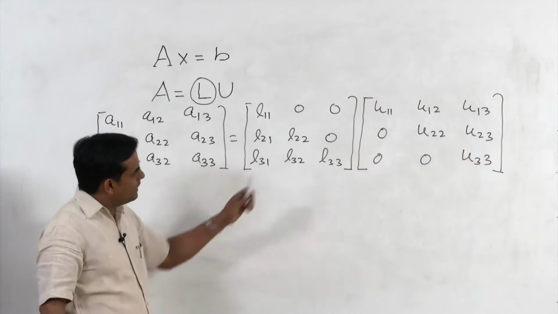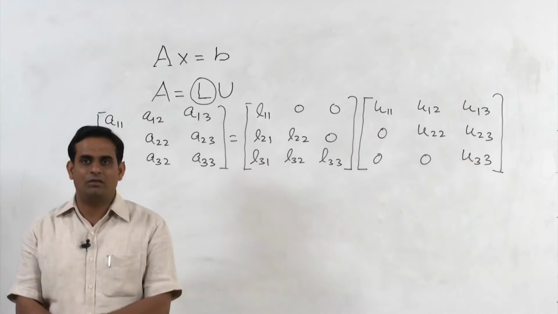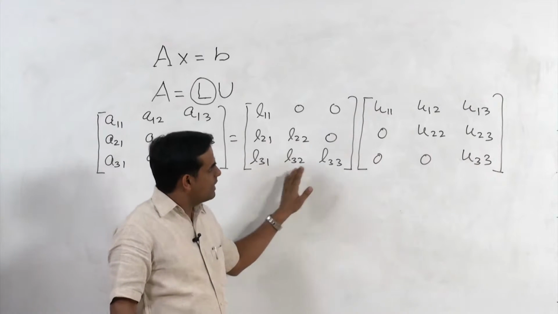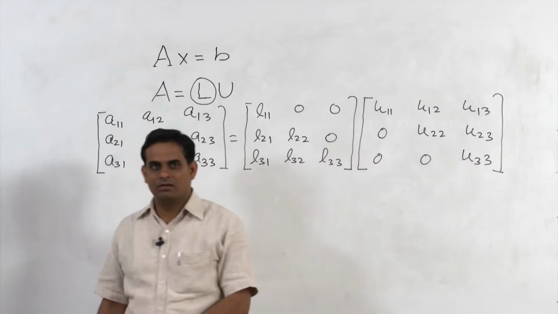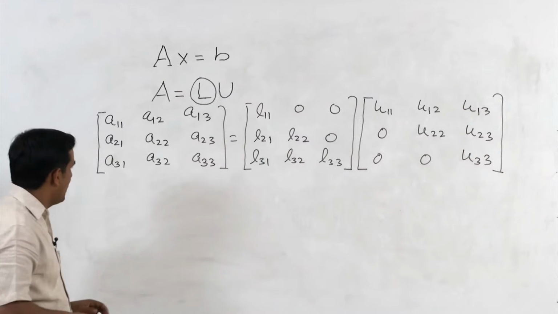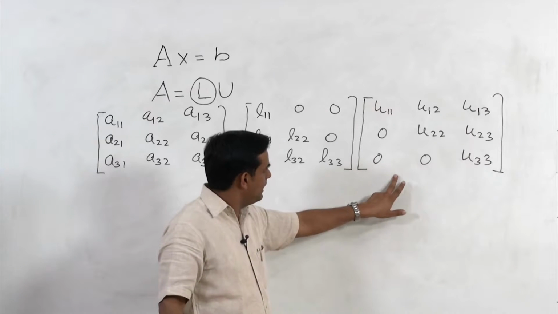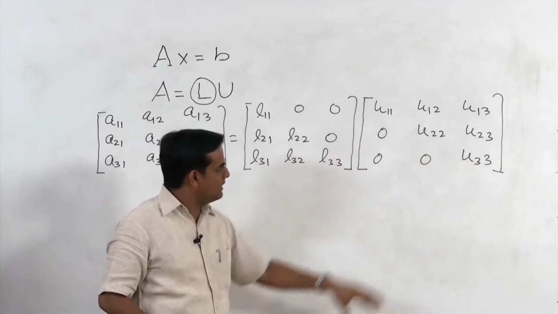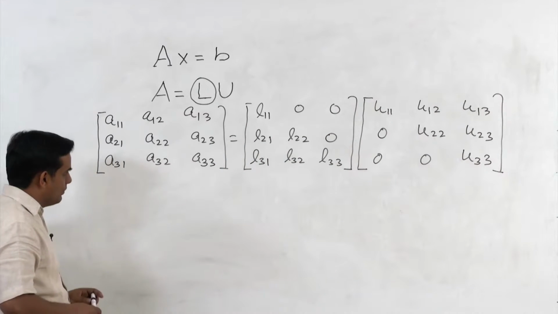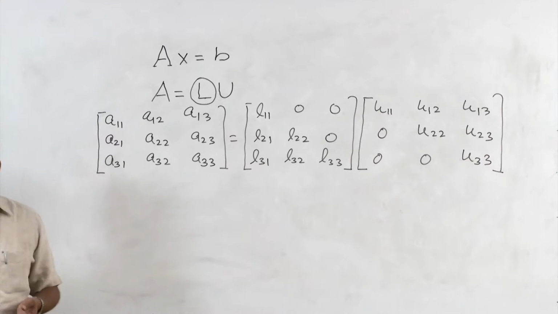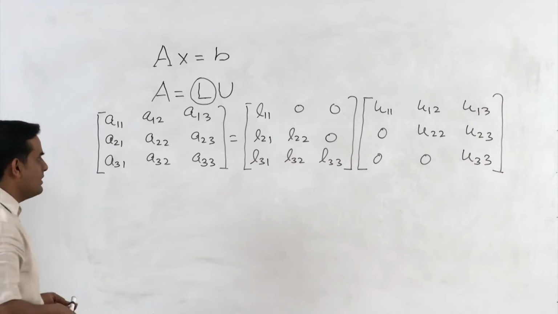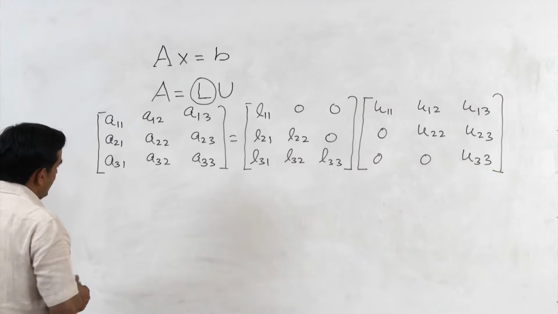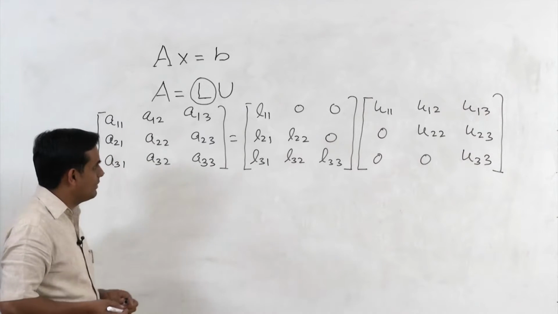However, in the right hand side, we have a total of 12 entries, 6 from the matrix L and 6 from the matrix U. Hence, if we multiply these two matrices and try to find the values of all Lij and Uij, we will not be able to, because we have only 9 equations and 12 unknowns. So what is the solution to this problem?